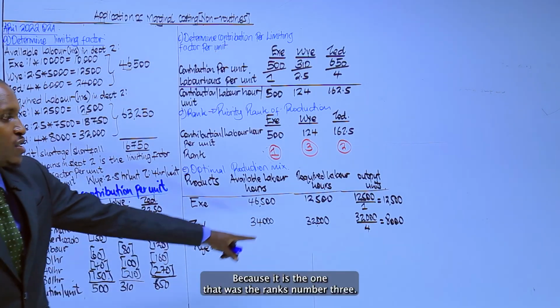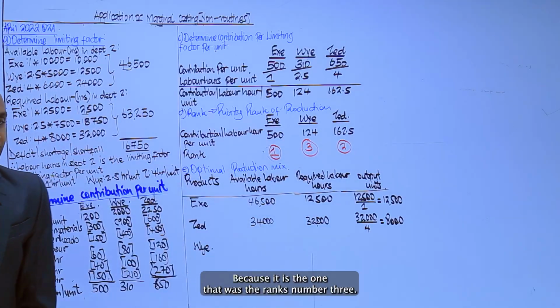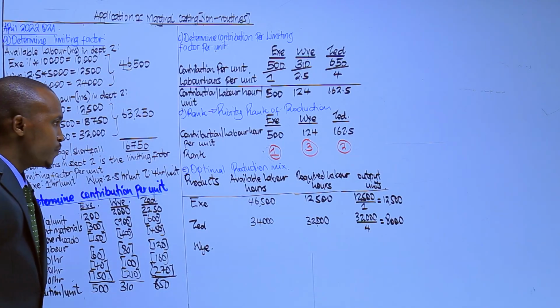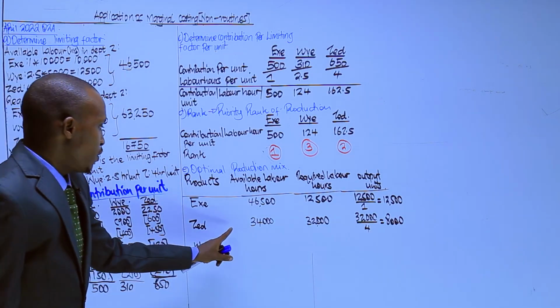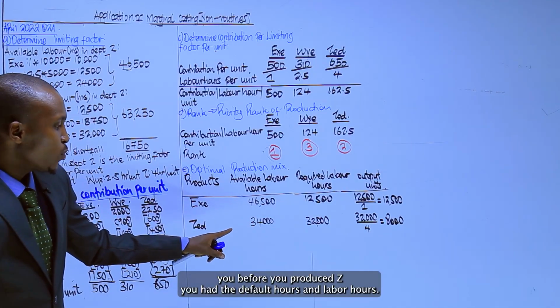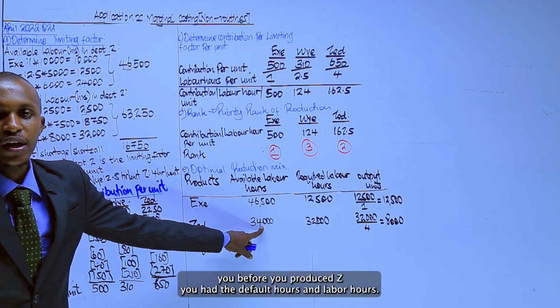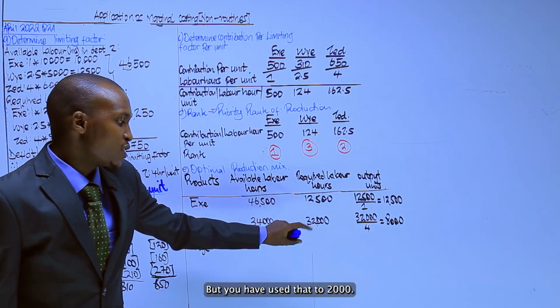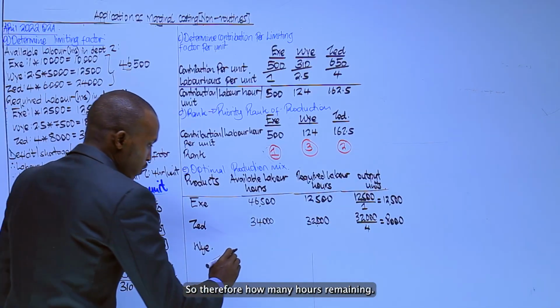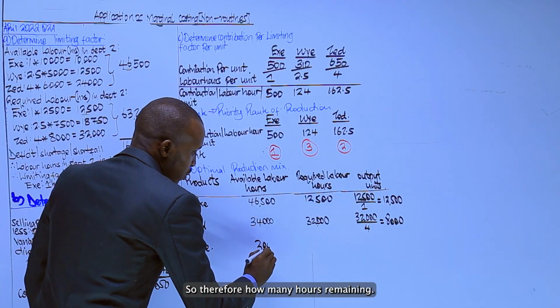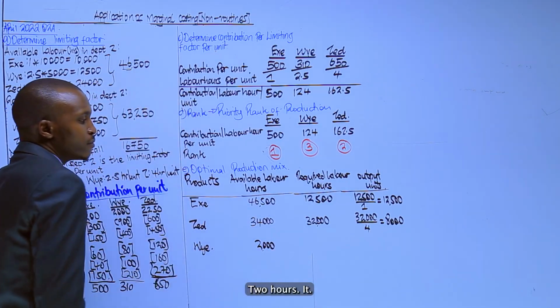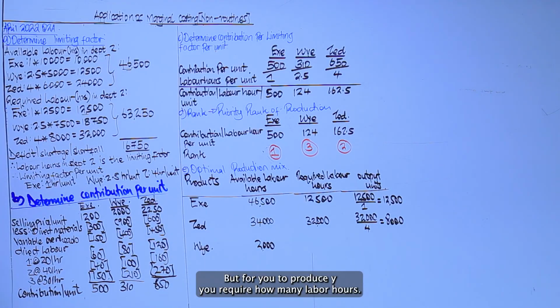The last product that we should produce is product Y, because it is the one that was ranked number 3. Before you produced Z, you had 34,000 labor hours, but you have used 32,000. So how many hours are remaining? 2,000. But for you to produce Y, you require 18,750 labor hours.